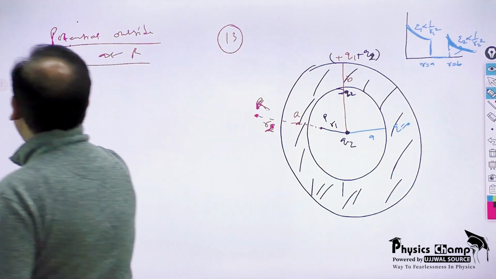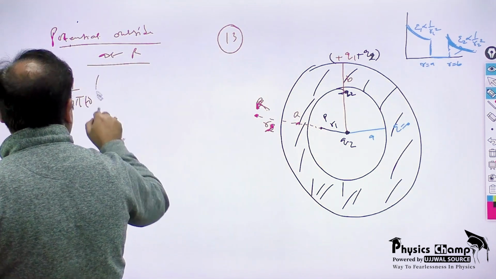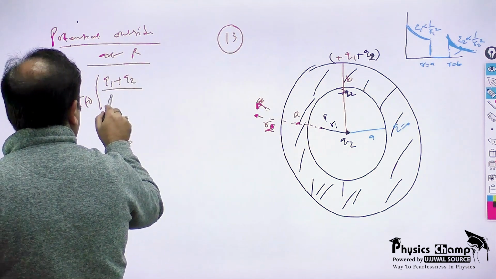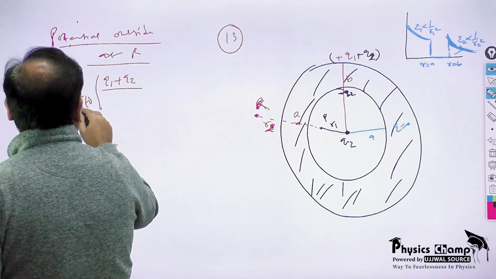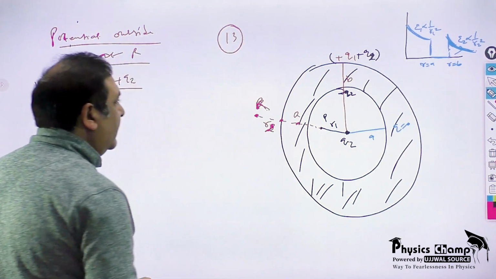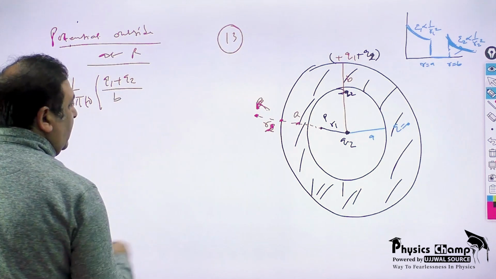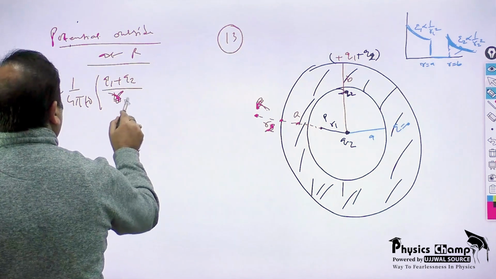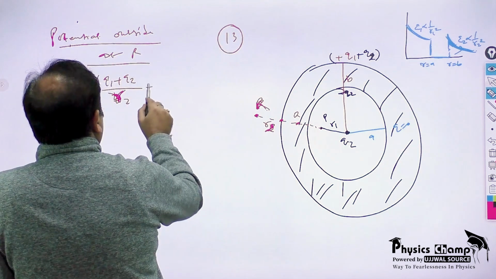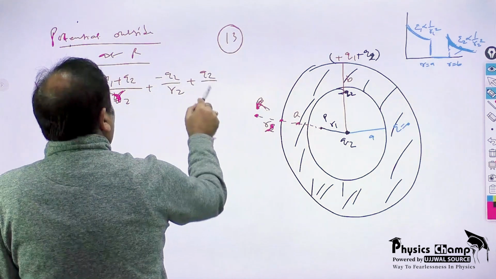So potential at R will be 1 by 4 pi epsilon naught into Q1 plus Q2 by R2, plus minus Q2 by R2 plus Q2 by R2.